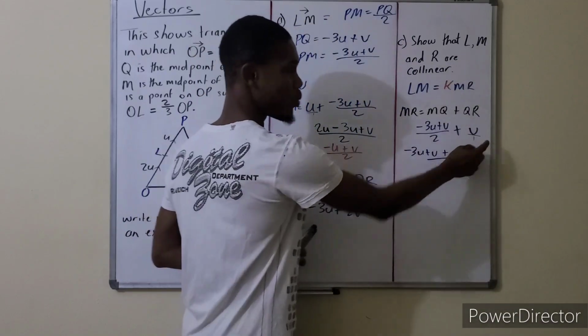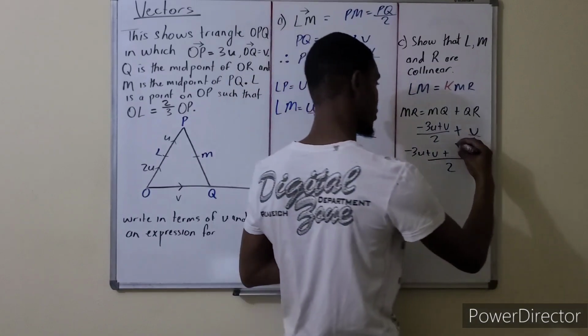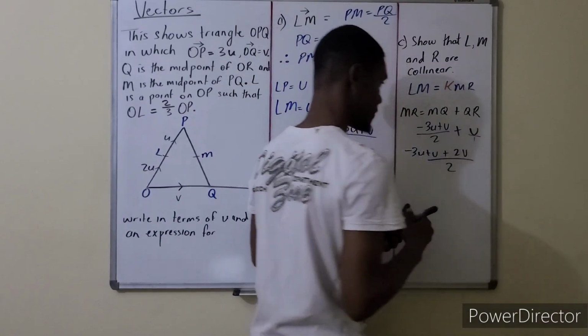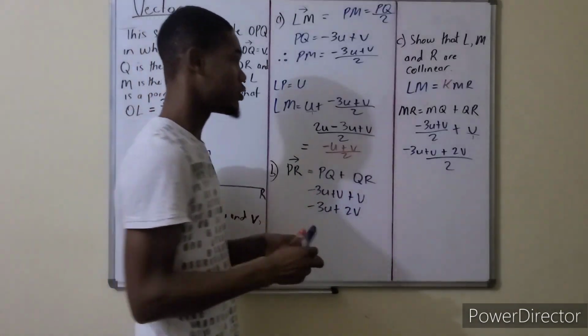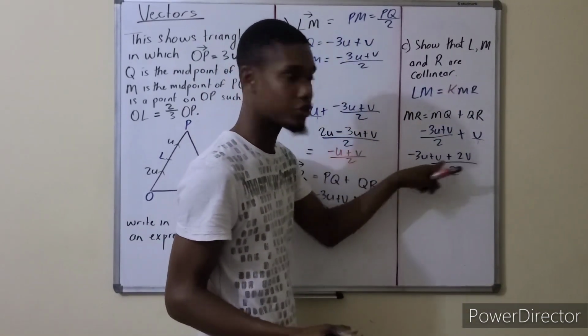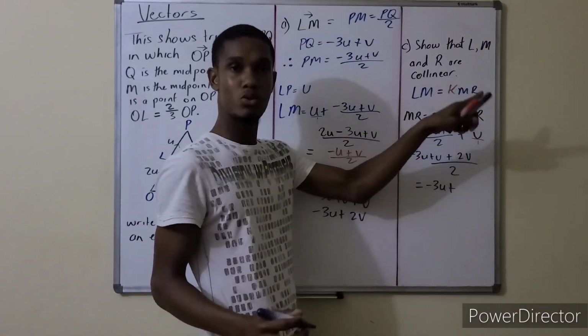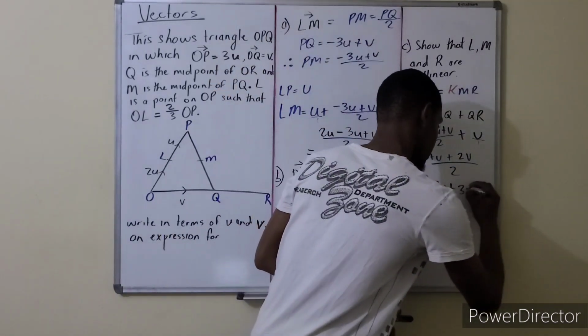So 2 divided by 1 is 2, and we multiply this by 2, so you end up with 2V. Then you simplify further. Negative 3U, there's nothing else to add to it, so you have that back. Negative 3U plus V plus 2V gives you 3V.